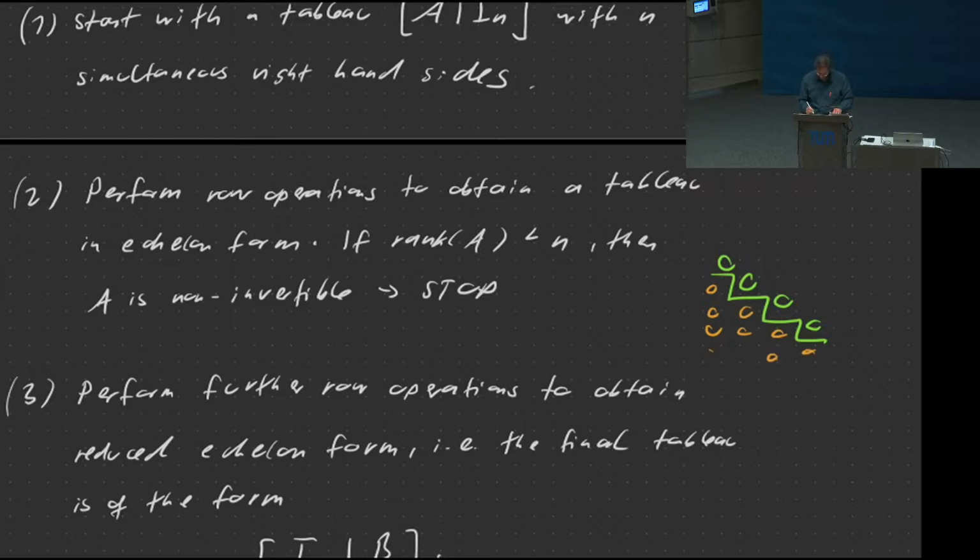And in addition to that, for the reduced row echelon form, there are two other things we want. First, instead of arbitrary pivots, we normalize to ones. And also, in addition to having the zeros below the pivots, we also produce zeros above the pivots. Right? So that's the other addition. We also have zeros up there.